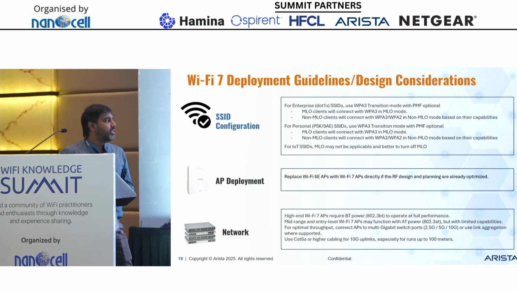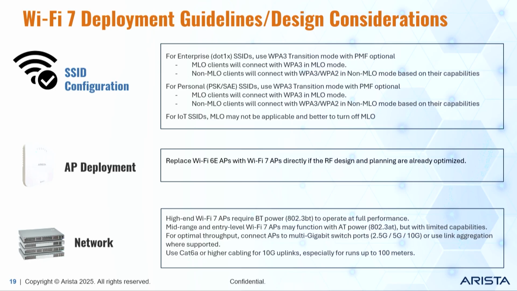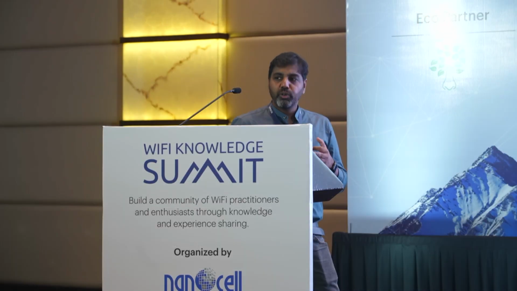And then lastly, from a network standpoint, we are classifying these APs into high-end Wi-Fi 7 APs versus mid and entry-level access points, right? A high-end Wi-Fi 7 AP requires BT power because the AP has to operate at full capacity. Most high-end access points are going to have 3 radios, operating in 2.4, 5, and 6 GHz, along with a lot of interfaces like BLE, USB, and whatnot.